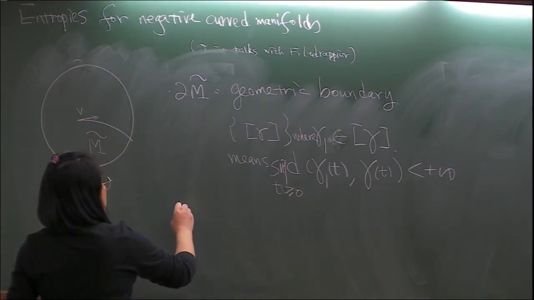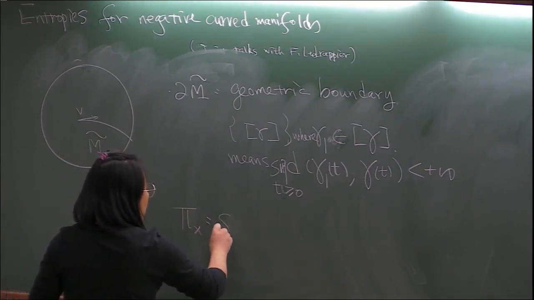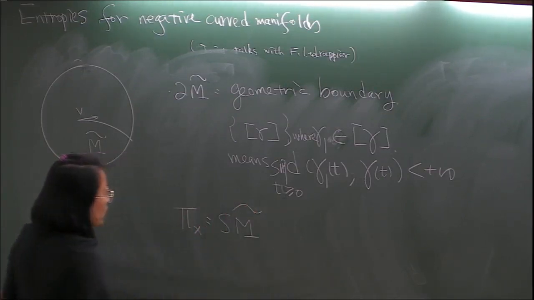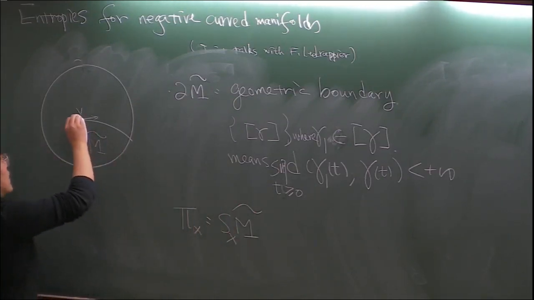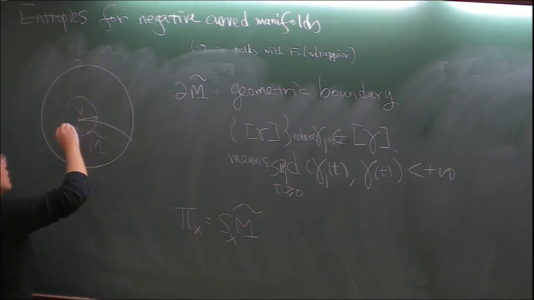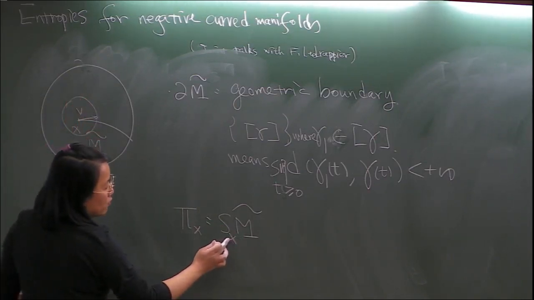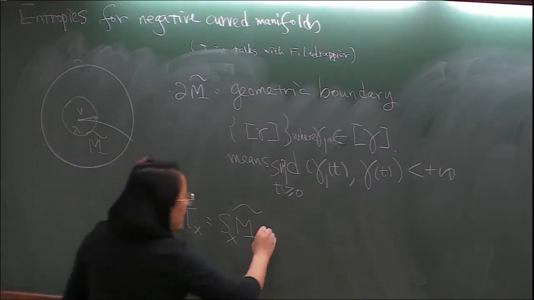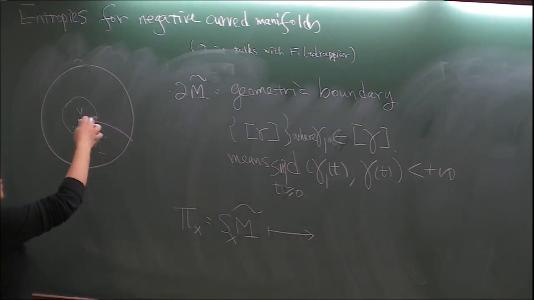And then you see, if we go to the universal cover, actually if we consider the unit tangent bundle at the point x, any point x here, with the notation S M tilde at x, then because you have no conjugate point, it's a one-to-one map.